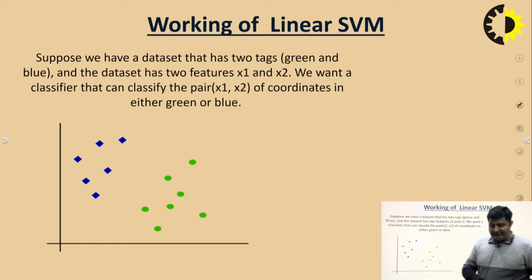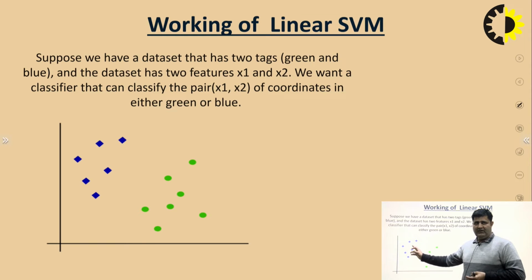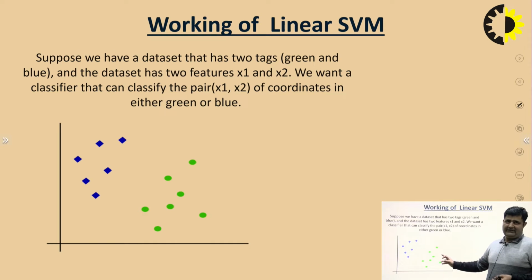We try to explain this with the help of one example. We have two classes, and the new data point will lie either in this range or in the other range. On this page we have two data sets, two classes, and the data has two features.